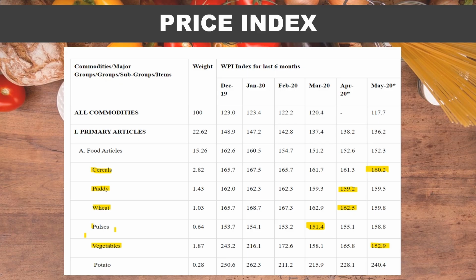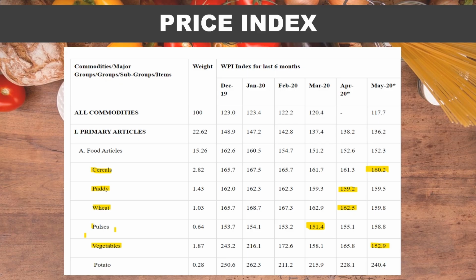So by looking at the index, we can find out what is the best time that we can buy these commodities in bulk. Now rice and wheat are such items which are dry items, right? They can be stored by a household and can be used for consumption all throughout the year.